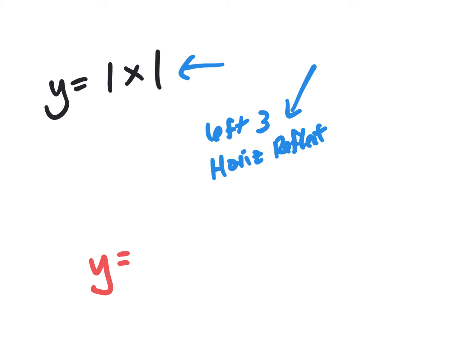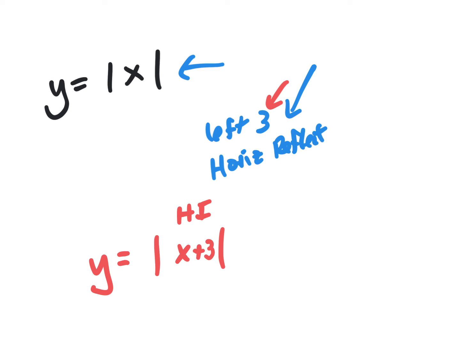Okay, should have said absolute value of x, but left 3. Notice I left myself plenty of room around the x. Left 3, boy, it feels like it should be minus 3, but it's actually plus 3. Remember, it does the opposite of what you'd expect inside. And then horizontal reflect, well, it's high vo.